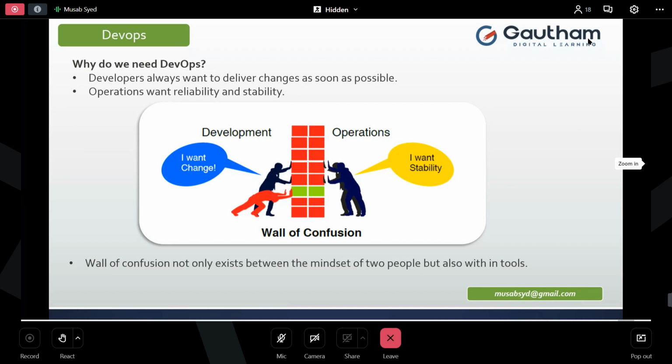Developer thinks the operator doesn't know how to use the software. Am I clear or not? So they blame each other, and stability will take a toss. And as I told you, internally it is different, but when you are a software company giving solutions to clients, your clients will be badly affected and they will be hitting you.